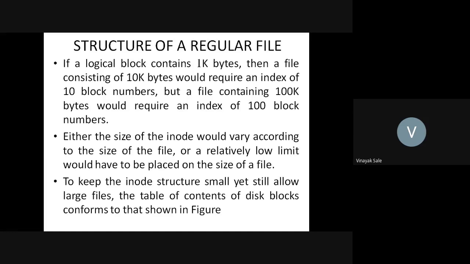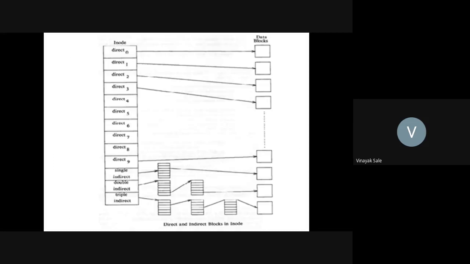The table of contents of the disk block is arranged as shown in the following figure. See that figure carefully. These are the direct and indirect blocks of the inode.